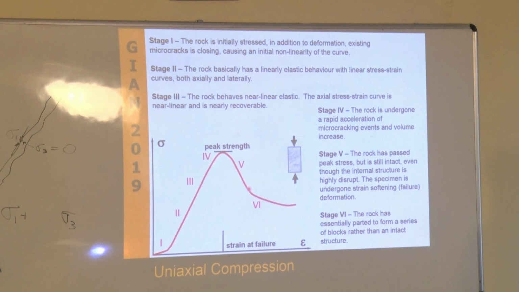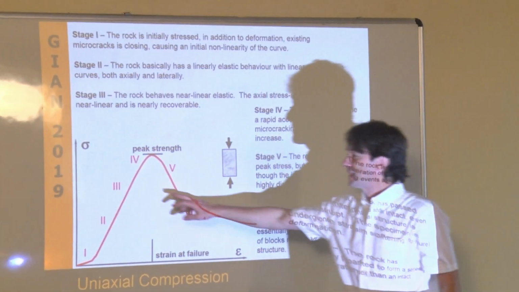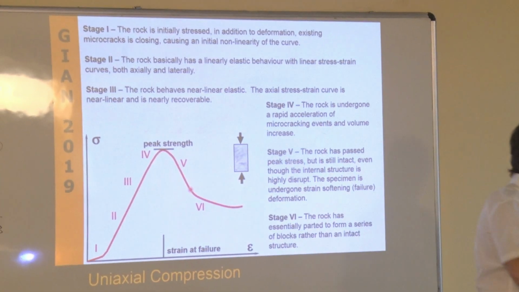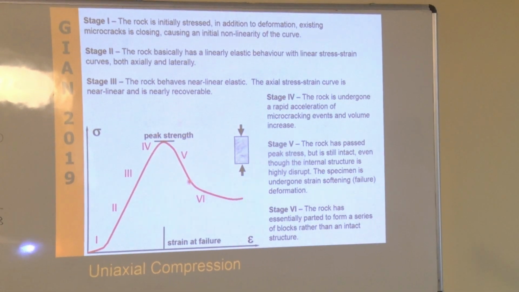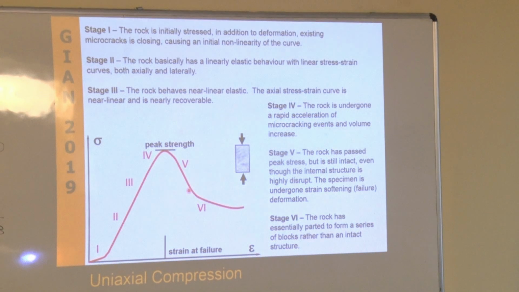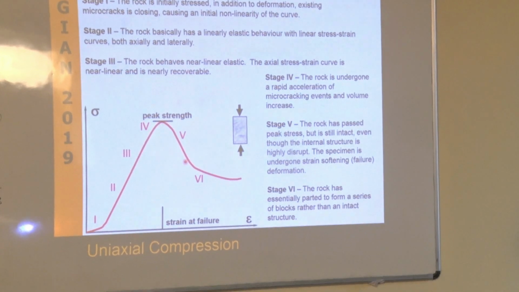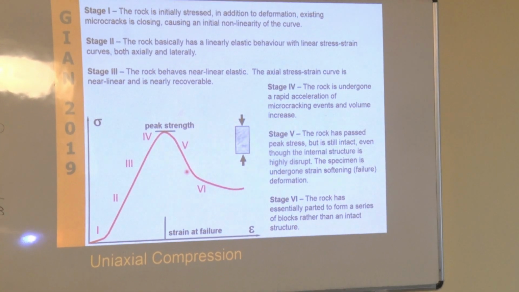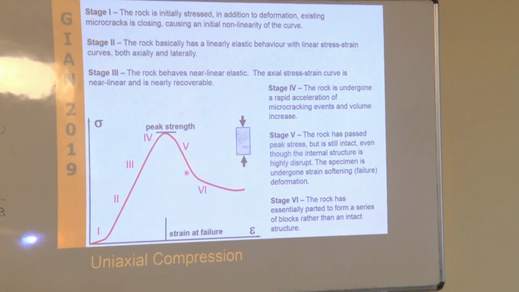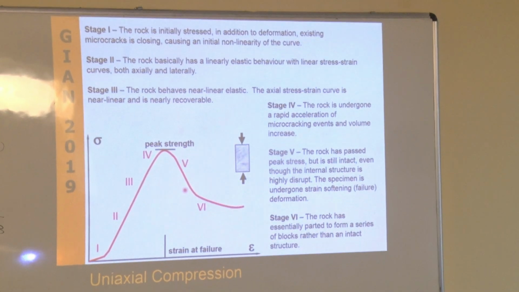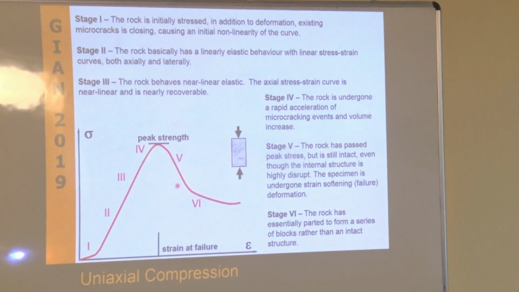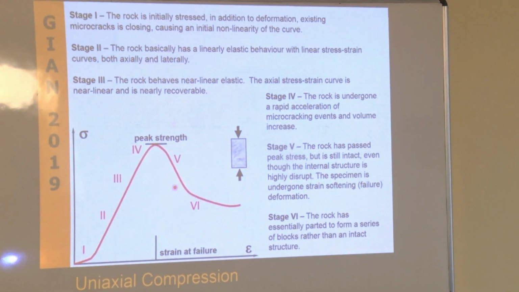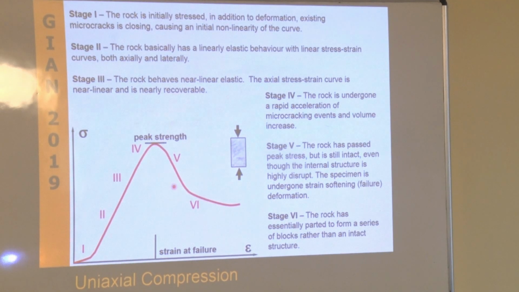At some point, the rock starts to deviate, even though you don't really see it. If you start looking at the curve, it's not linear anymore. It starts to deviate. That means that something is going on. It's not linear elastic anymore. It probably starts to fracture a little bit, micro cracks, and you can actually hear them.